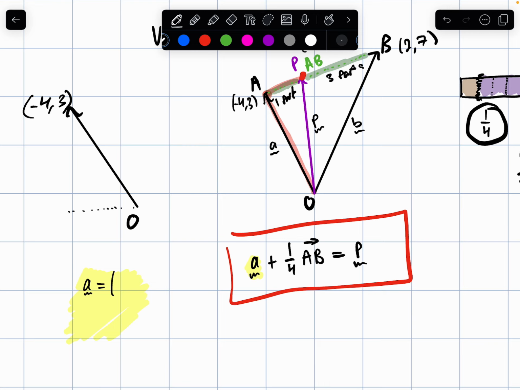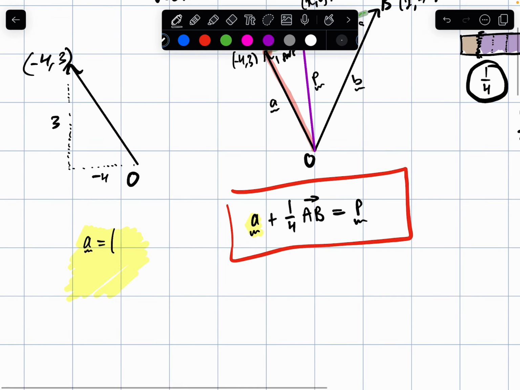Okay, this is not proportional at all, but we're going backwards by -4 and up by 3, right? So if we're trying to put it in vector form, we're going backwards 4, so -4, and up by 3. Pretty simple.